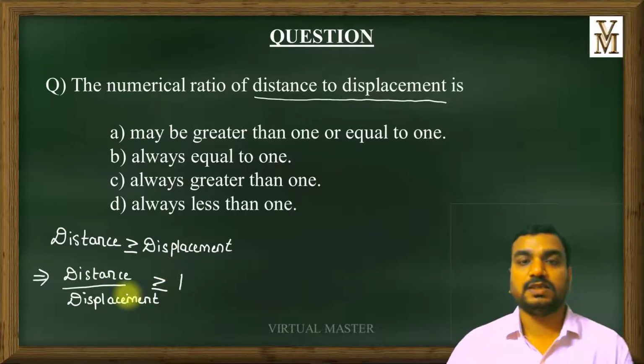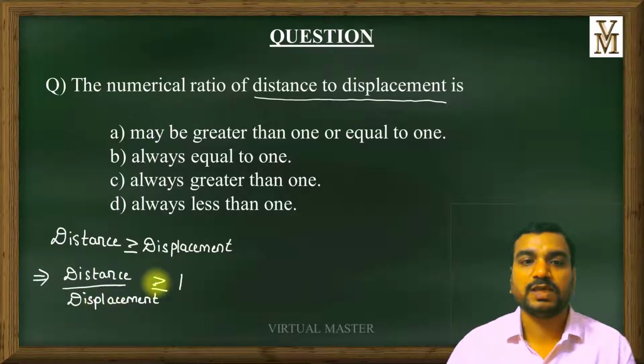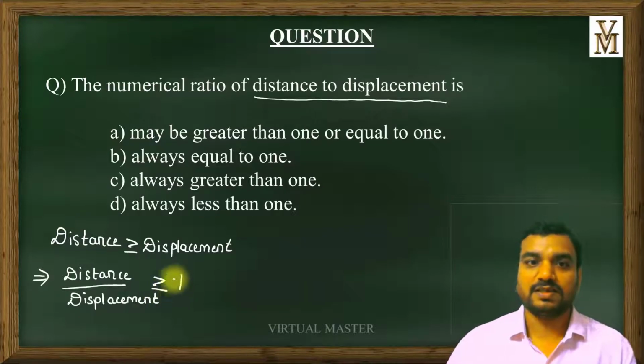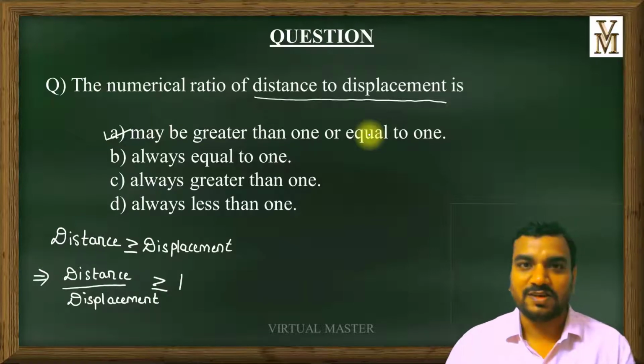Only 1, isn't it? So the ratio of distance to displacement will always be greater than or equal to 1. So option A is correct, that is, may be greater than 1 or equal to 1. I hope everyone has understood the solution for this question.